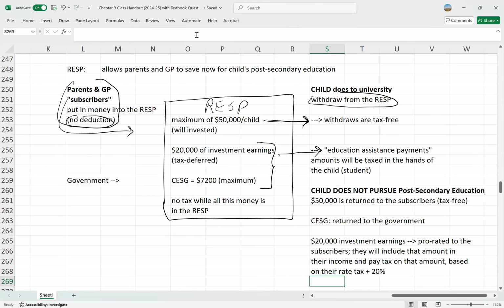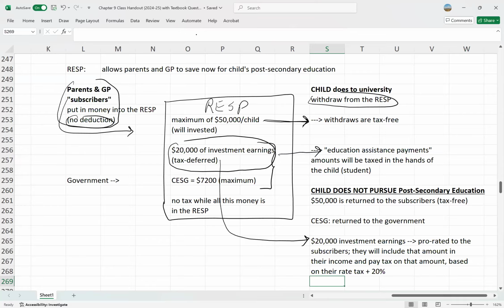If you remember, all these years, this 20,000 that was earned was tax deferred. So if the child does not go to post-secondary and that 20,000 of investment earnings goes back to the subscribers, it's been sitting in the RESP without having to pay any tax.